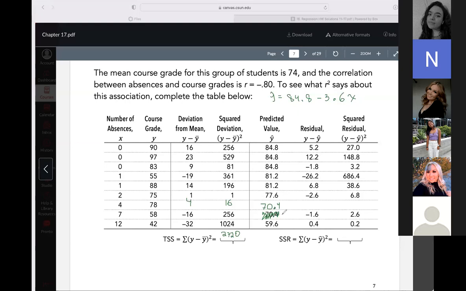I got 59.6. Uh-oh, do I have a new boo-boo? Yeah. What's the new one? The one below. Number 4, the one below also must be wrong. What should that be?